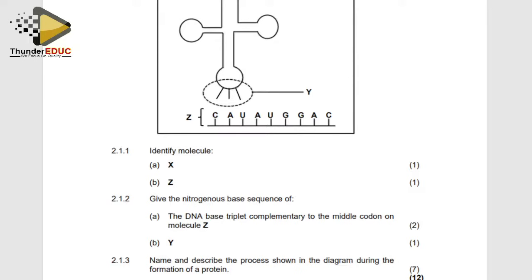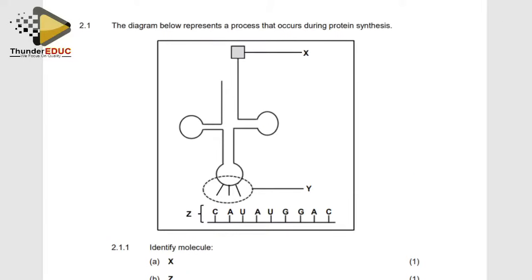But here they say name and describe the process. Sometimes they don't say name the process, they just say describe the process. When you name the process, we give you marks, and when you describe it, we give you marks. Even if they have not said to name it, make sure that you identify the process and then describe it.